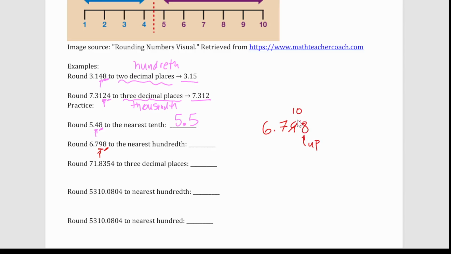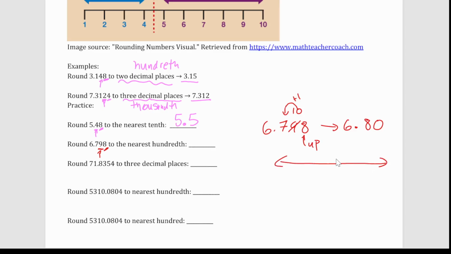And we don't have a 10 that we would actually put in that place. So what's going to happen here is that 10 is actually going to add 1 to the next place. So really the nearest hundredth is going to end up being 6.8, kind of 6.80 if you will, but you probably wouldn't write the 0.